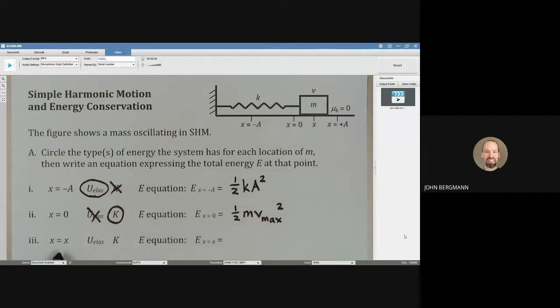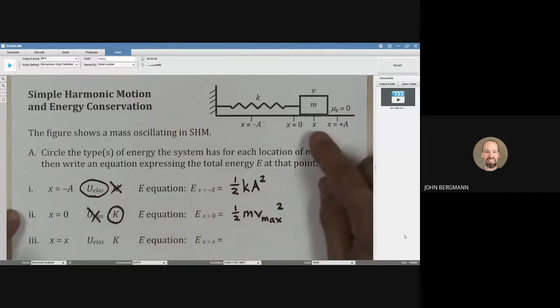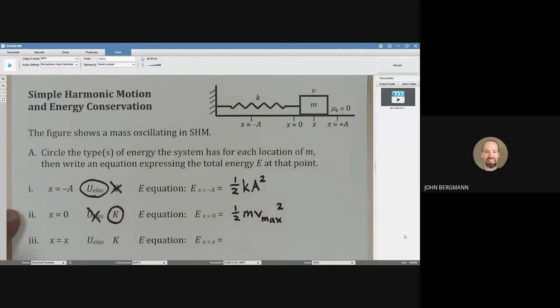How about at x is equal to x? Well, you can see in my picture here that when x is equal to x, we're not at the extreme points, but we're not at equilibrium either, which means we have some elastic potential energy in there, but we also have some kinetic.